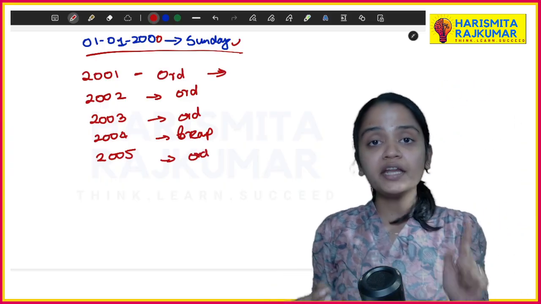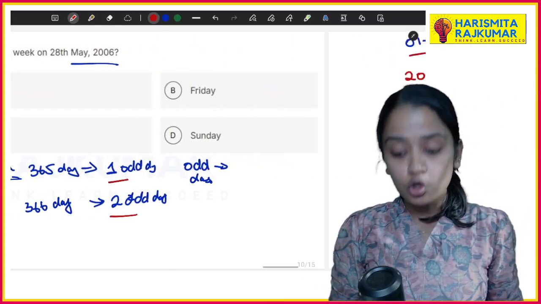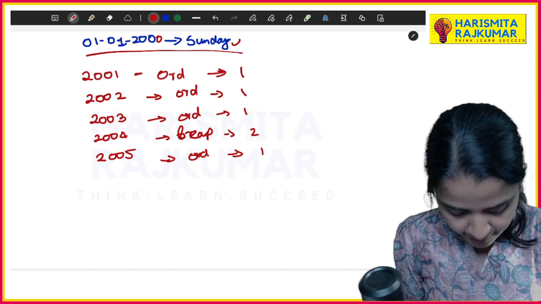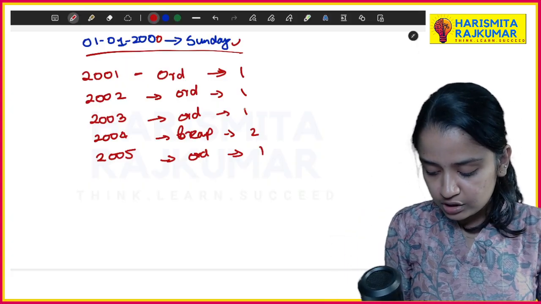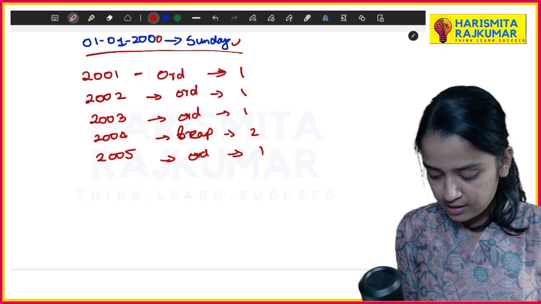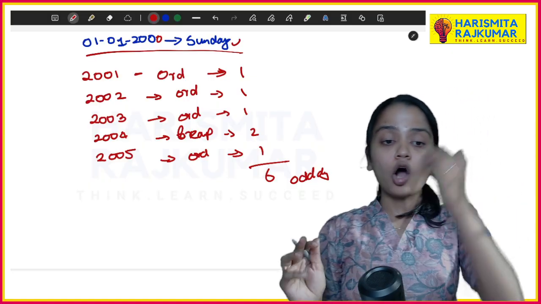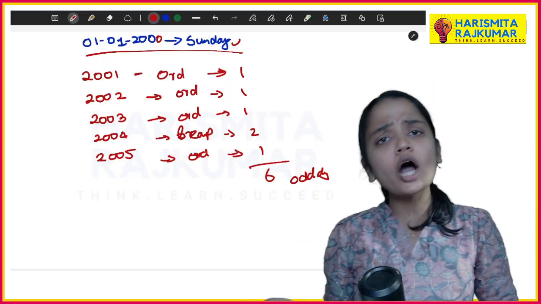If it is an ordinary year, how many odd days do you have? 1 odd day. If it is a leap year, 2 odd days. So 1, 1, 1, 2, and again 1. When I add it, it becomes 1, 2, 3, 4, 5, 6. So total 6 odd days. How many odd days are there? Total 6 odd days.